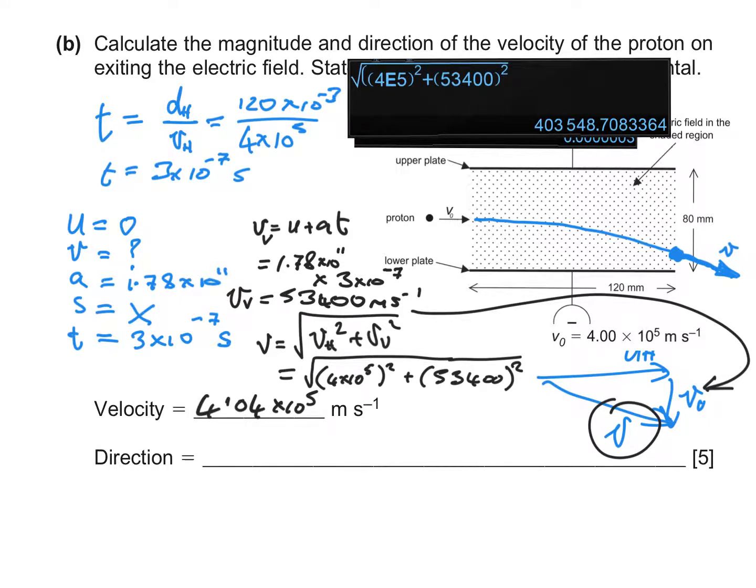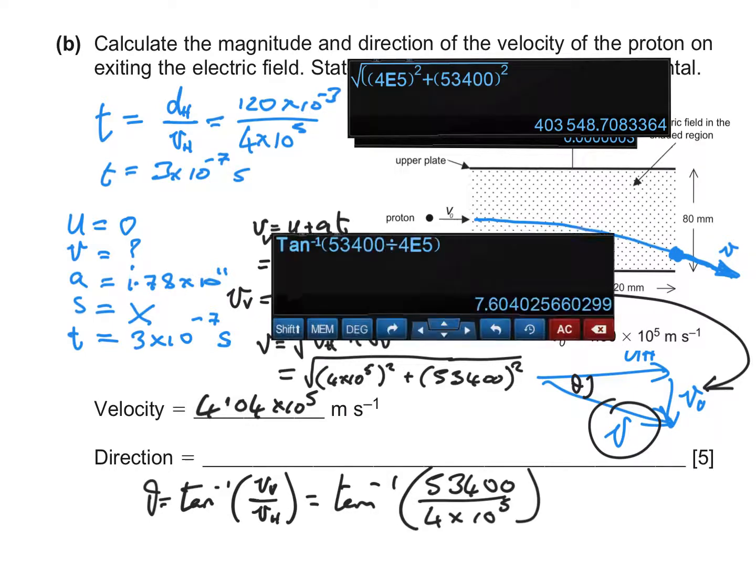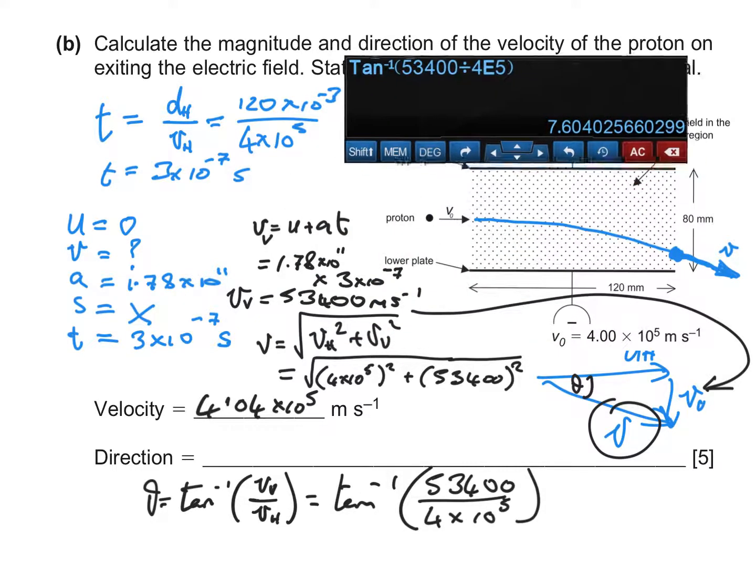To get a direction we need the angle below the horizontal, and we get that from trig. The tan of that angle is the vertical velocity over the horizontal velocity. So theta is tan to the minus 1 of 53400 over 4 times 10 to the 5, and that gives us this value.